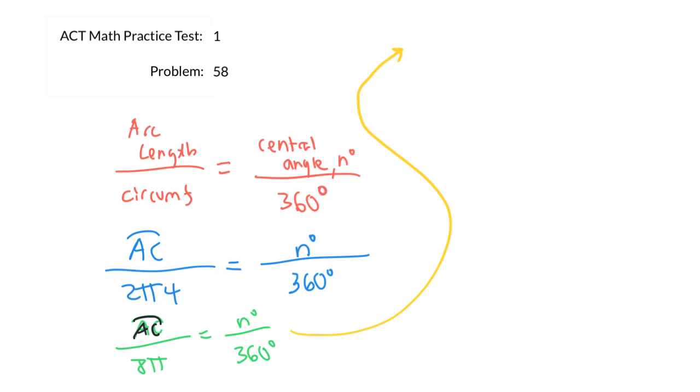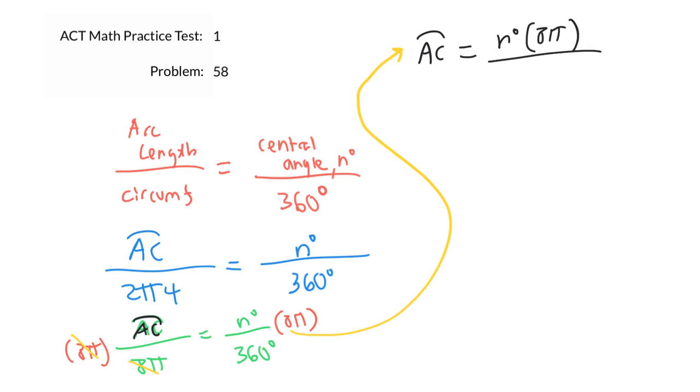And the way that you could do that is by simply, we'll put the result here, but what we're going to do is we're going to multiply both sides by 8 pi, because that would cancel that 8 pi. And that would leave us with AC, arc AC, equals n degrees times 8 pi over 360 degrees.